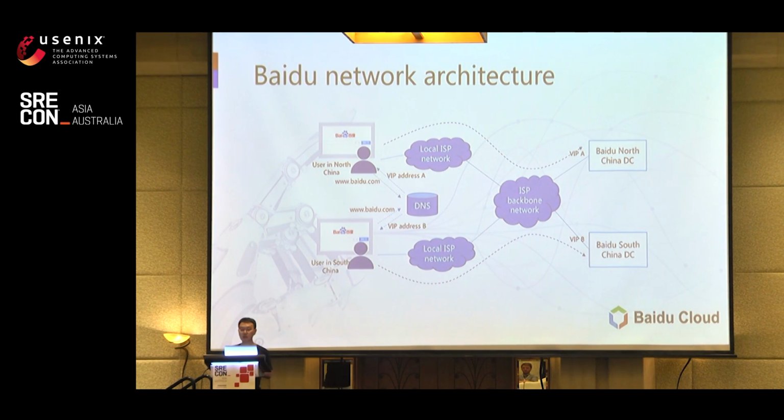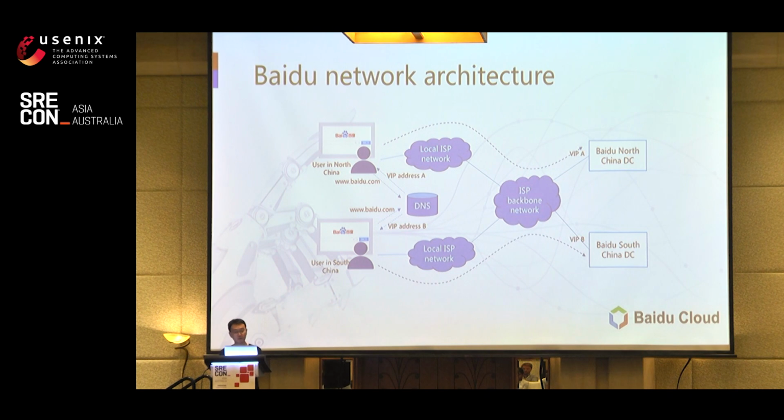Let's take a look at the process of users visiting Baidu. In order to make users in different provinces get the best user experience and reduce network delays, we use DNS to schedule user requests from different provinces to the nearest data center.